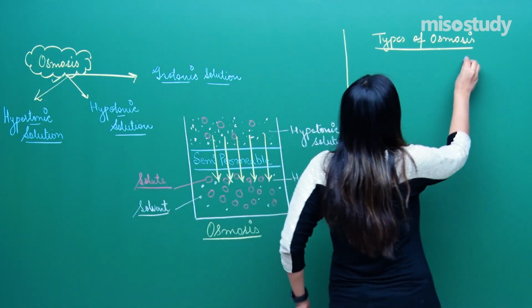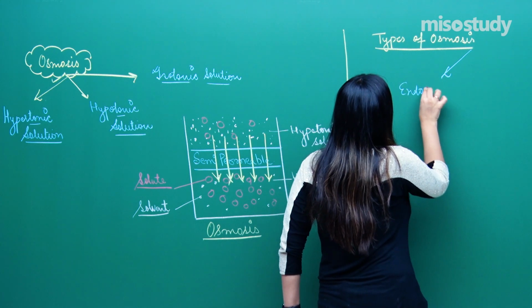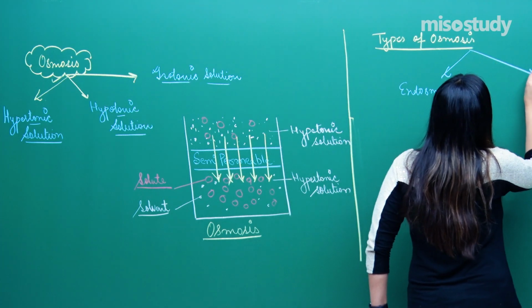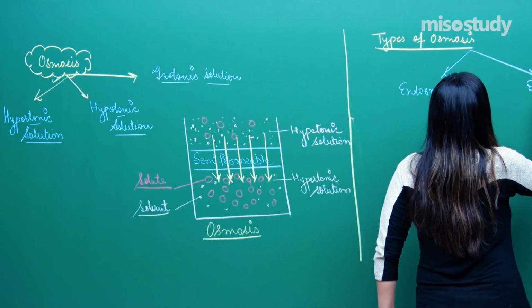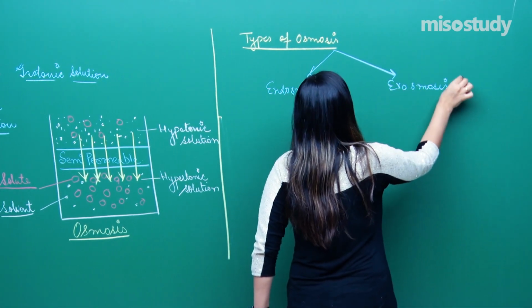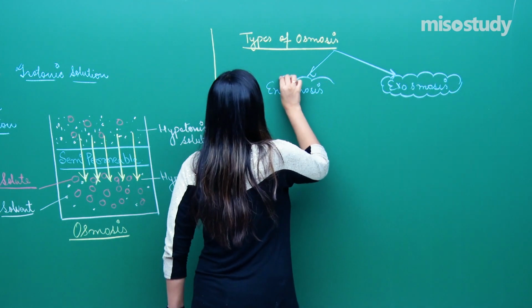The first category is called endoosmosis, and the second category is called exoosmosis. Now, let's discuss these two procedures.